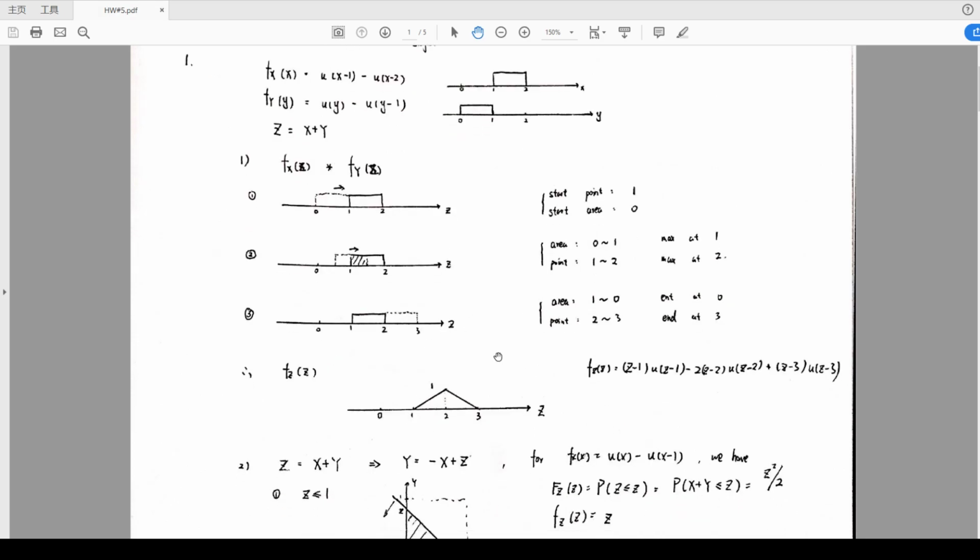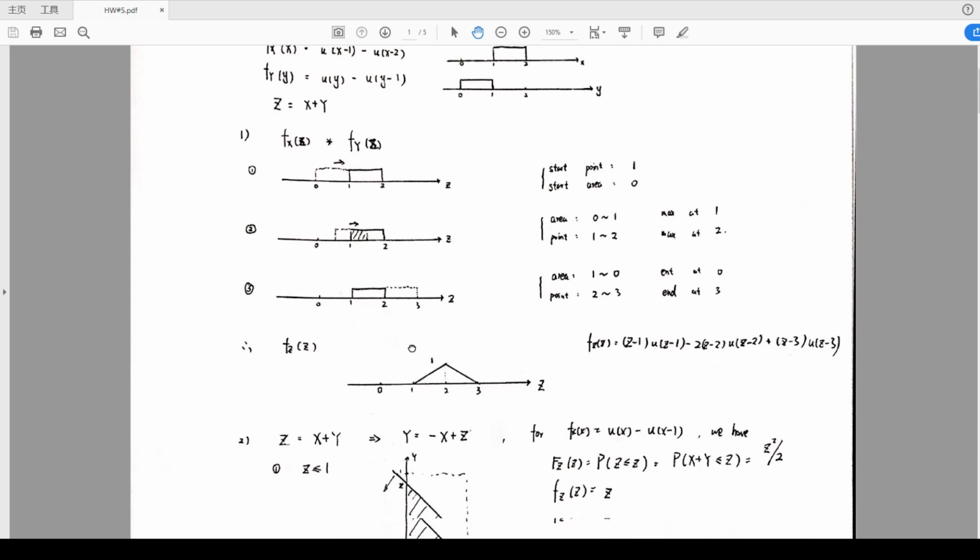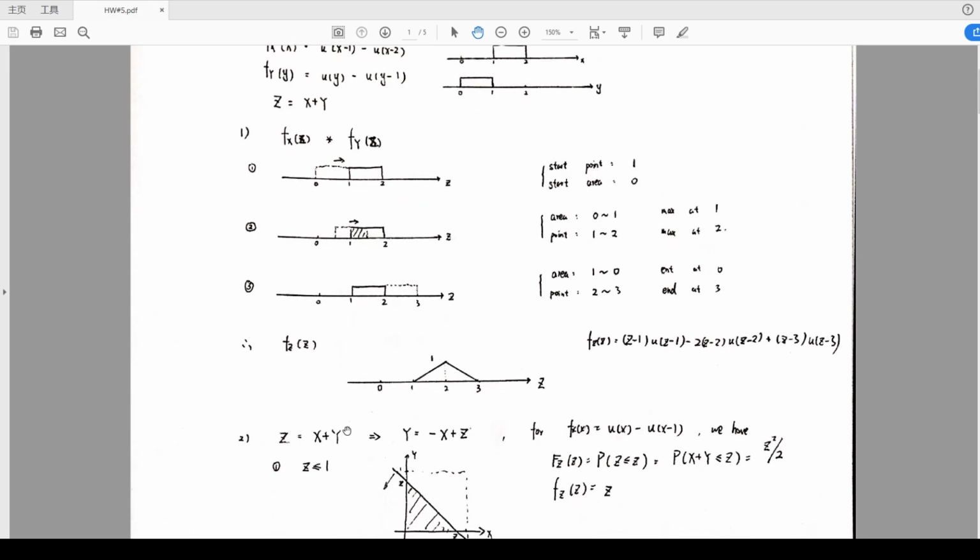So we have this. This is the f_Z result. It's a triangle because from 1 to 2 the area grows linearly, and from 2 to 3 the area decreases linearly.